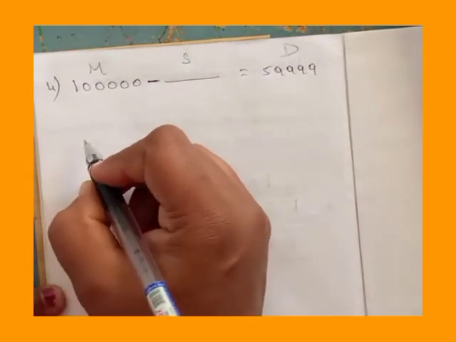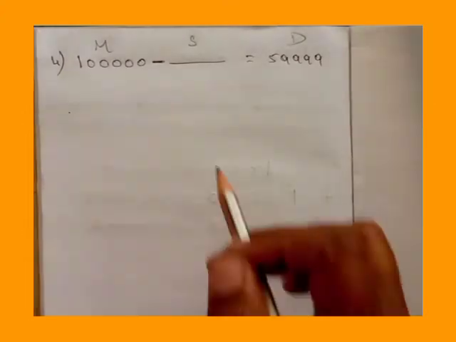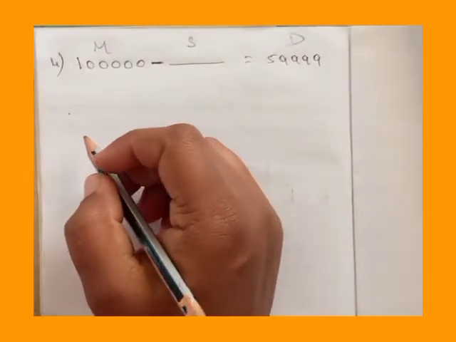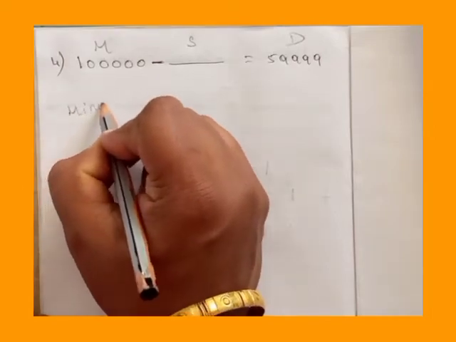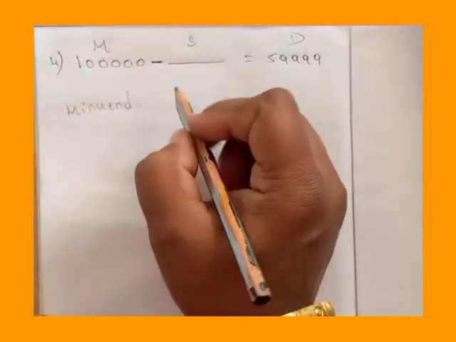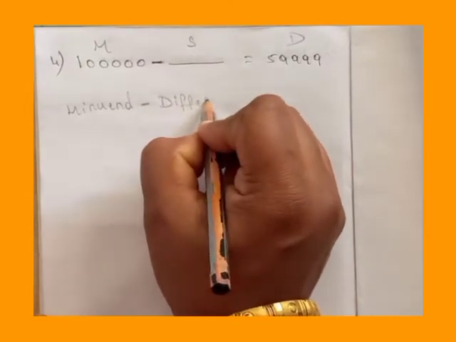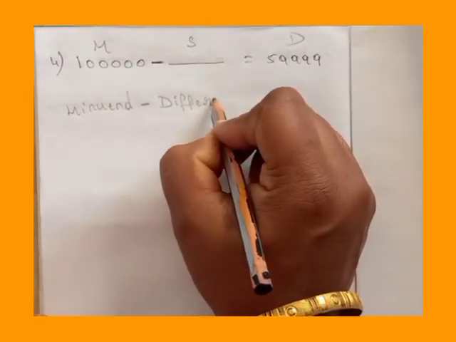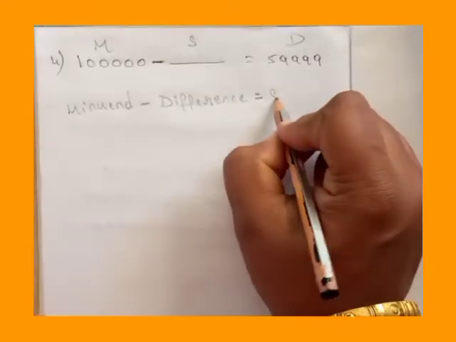So what will be the formula? So let's write the formula, dear children. Minuend minus difference is equal to subtrahend.